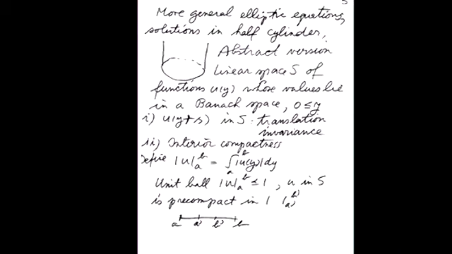And the second thing is this property of solutions of elliptic equations, which I call interior compact, and is the following. Define the AB norm to be the L1 norm over the subinterval AB. A and B are both positive. And then I require that the unit ball in the AB norm should be pre-compact in the A prime B prime norm, where A prime B prime is a subinterval of AB.